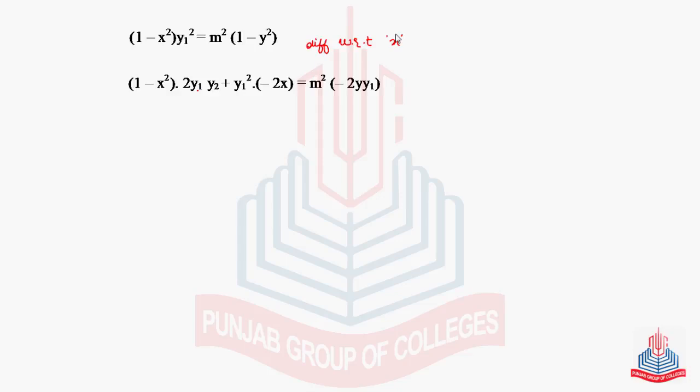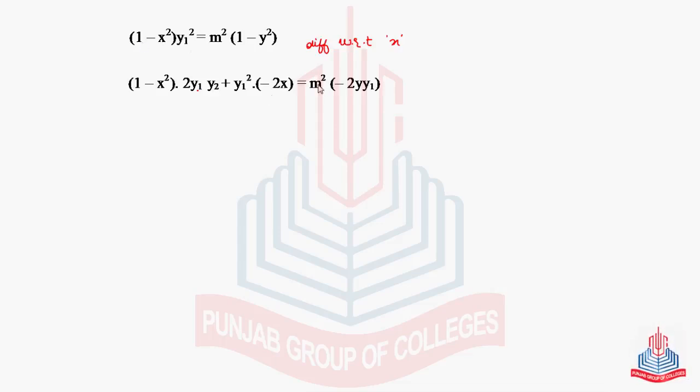On the left hand side we have the product of 1 minus x square and y1 square. So 1 minus x square will be as it is, and the derivative of y1 square will be 2y1 by using the power formula, times the derivative of y1, which is y2, plus y1 square as it is, and the derivative of 1 minus x square will be minus 2x, because the derivative of 1 is 0.